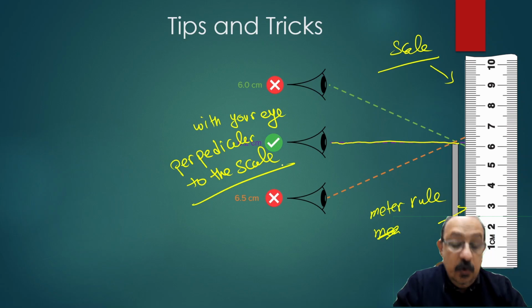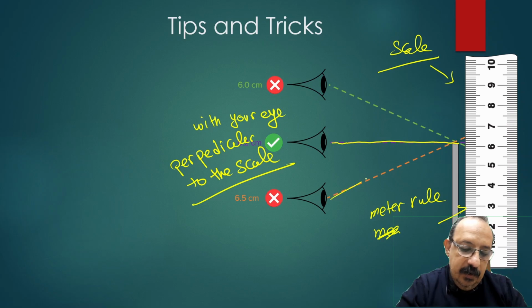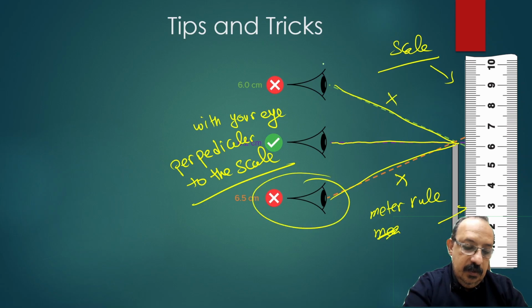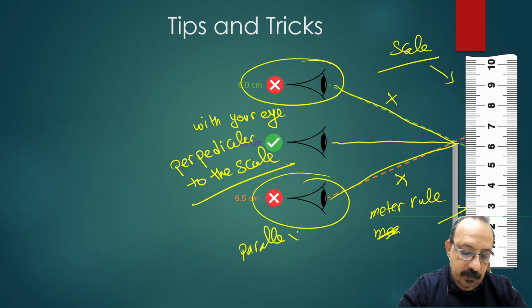This is the recommendation that you should always make sure to observe the measurement with your eye perpendicular to the scale or the point where you are reading. Never align your eye with an angle for the measurement. If you observe a reading with an angle, it is called parallax error.